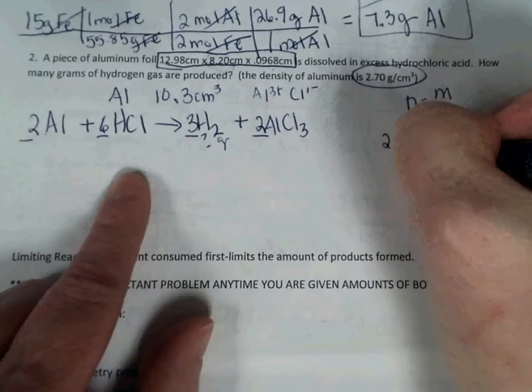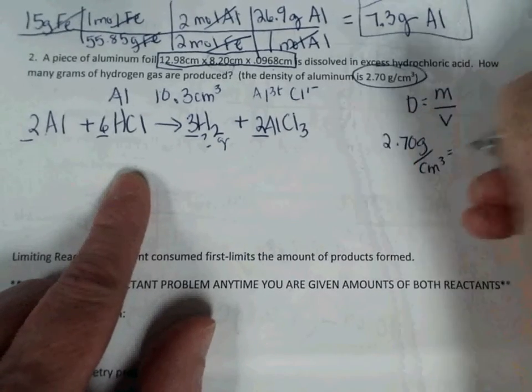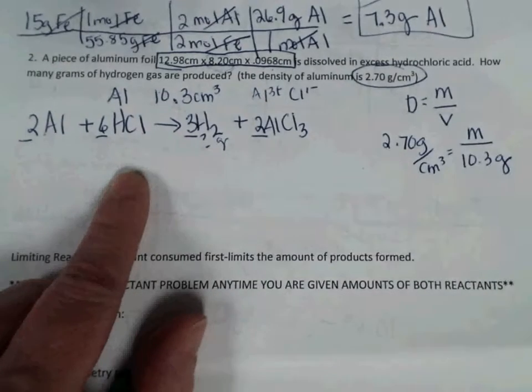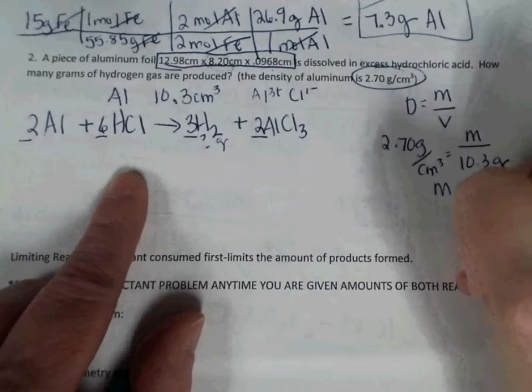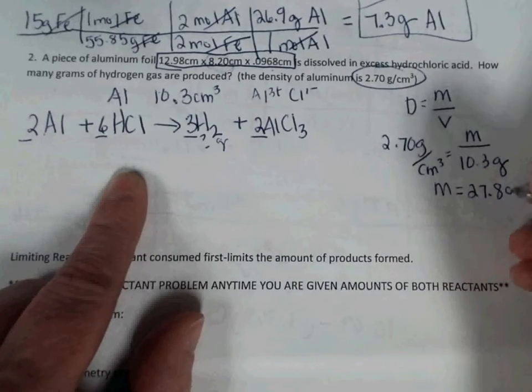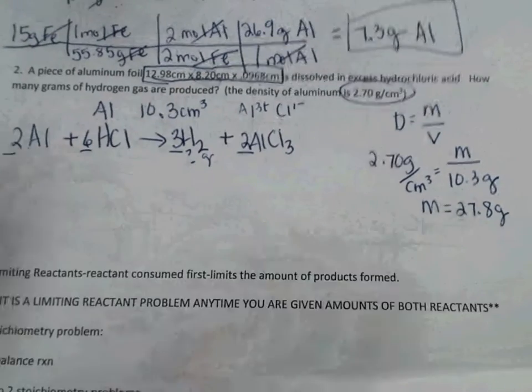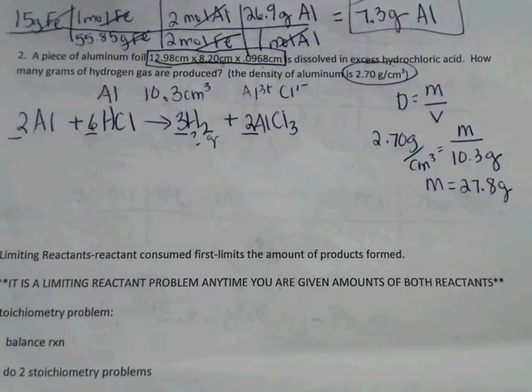So your unknown is the M, right? 70 equals M over 10.3. Multiply both sides by 10.3. And I got, y'all always check behind me now, I think I got 27.8. Y'all get something around that? Feels right.